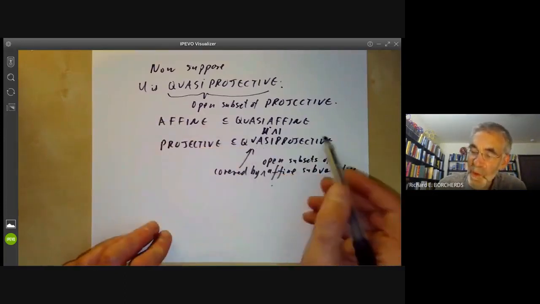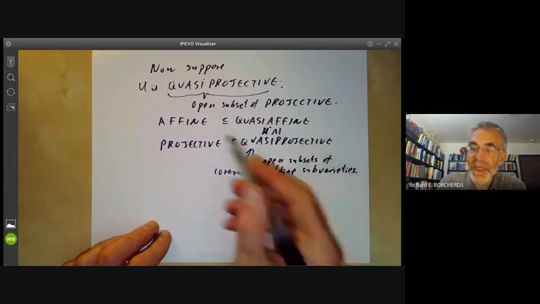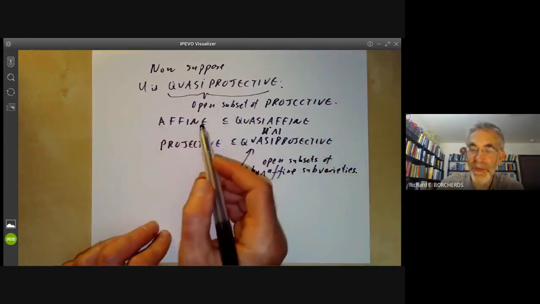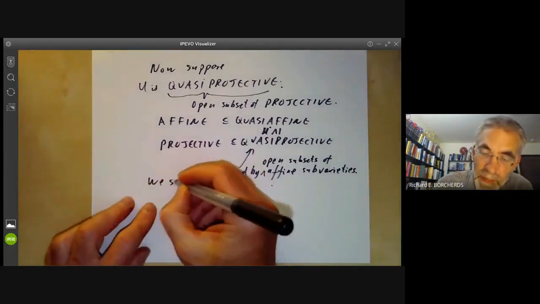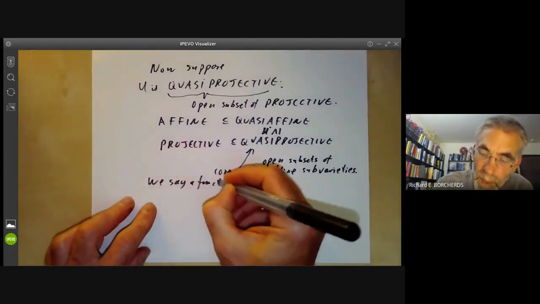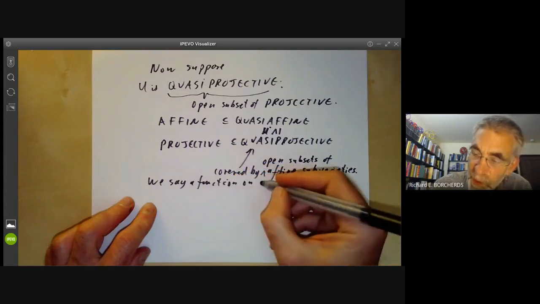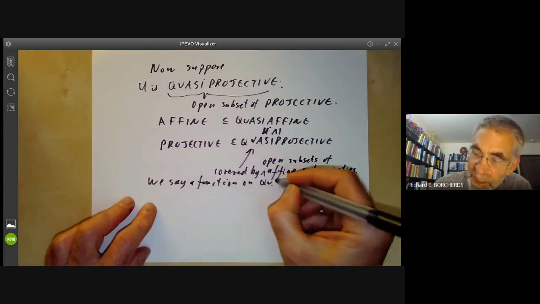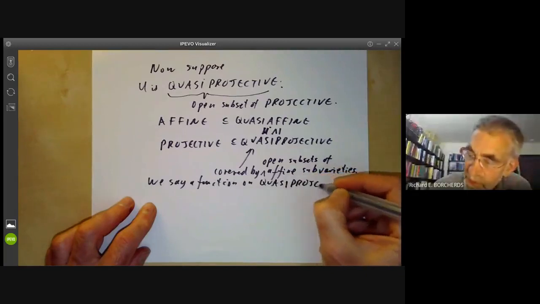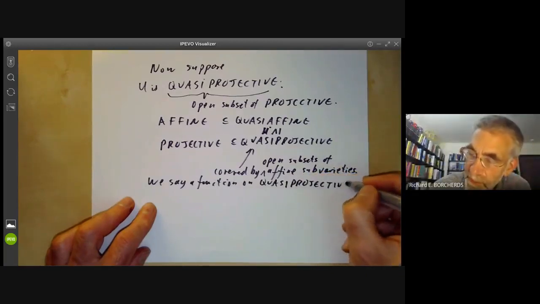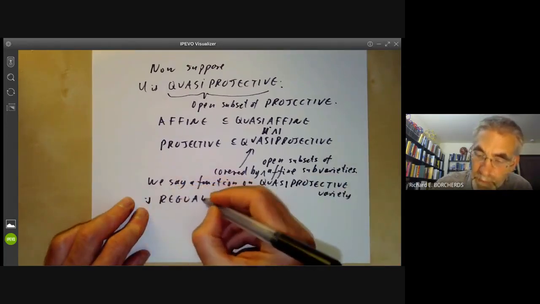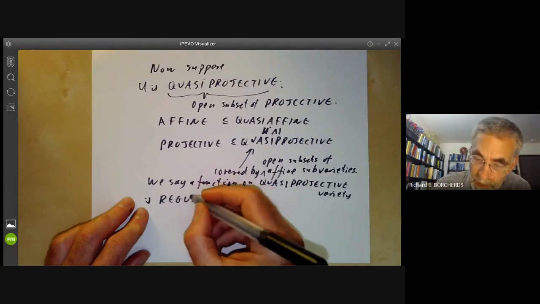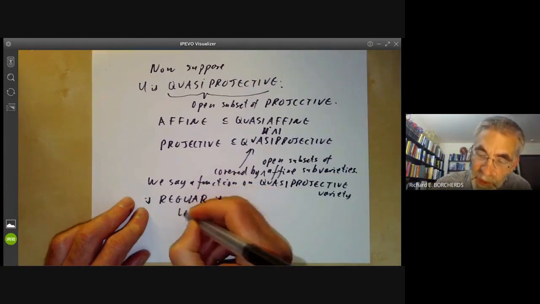So any quasi-projective variety you can easily see is covered by a finite number of open subsets of affine varieties. And now we say a function on a quasi-projective variety, I wish people thought of a shorter name for these things, is regular if it is locally regular.